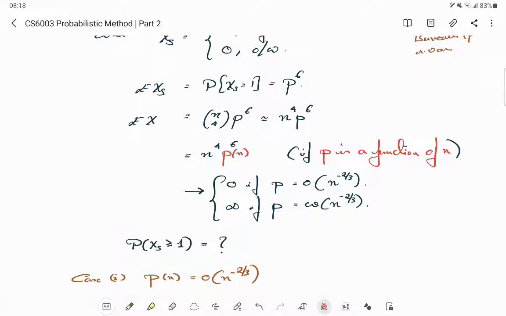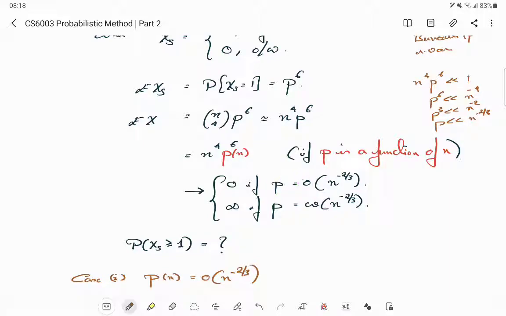So you can solve for that by checking when this is strictly less than 1 and when it is strictly greater than 1. You will see that this means p power 6 is strictly less than 1 by n power 4. So p cubed, taking the square root, is less than n to the power minus 2, or p is less than n to the power minus 2 by 3.